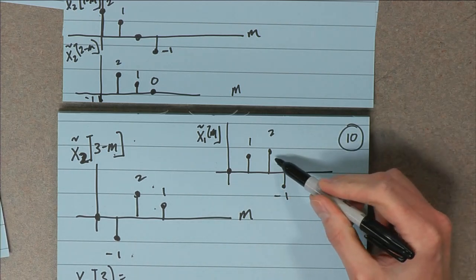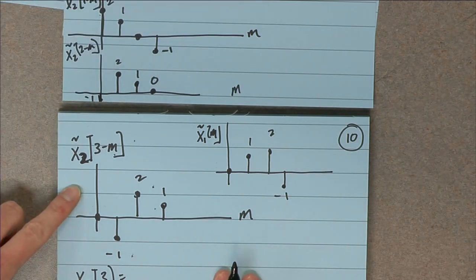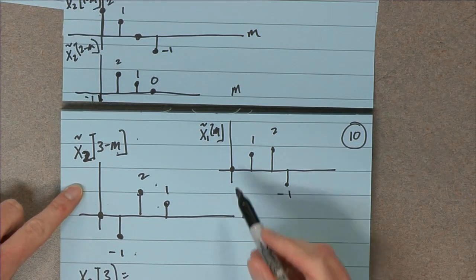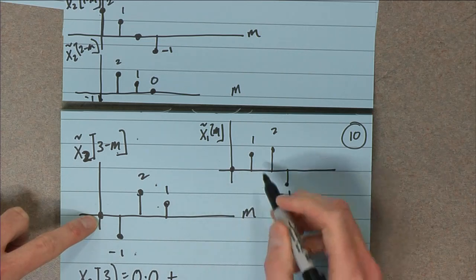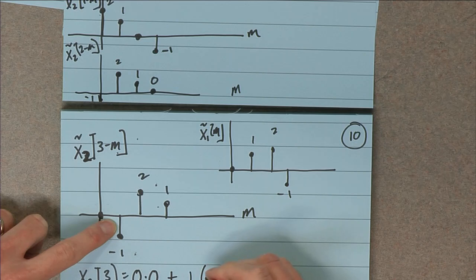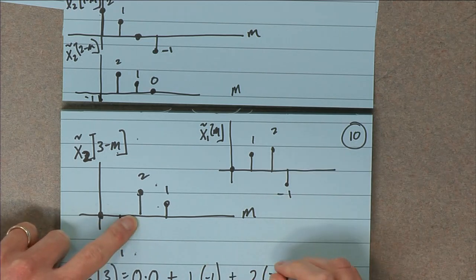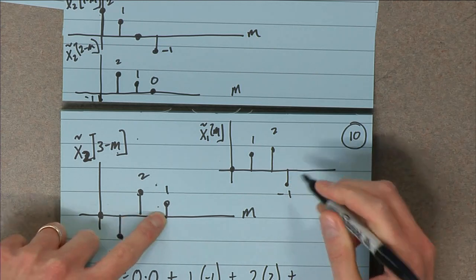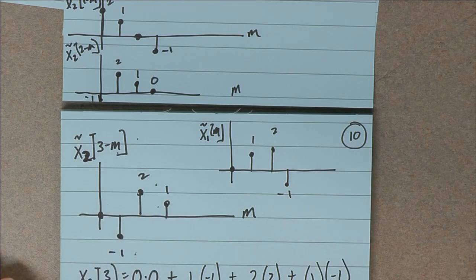So this is our original sequence, and this is our shifted x2 of 3 minus m. So we just multiply these times each other. 0 times 0 plus 1 times minus 1, 2 times 2 plus 1 times minus 1. And so 0 plus minus 1 plus 4 minus 1 should give us 2.